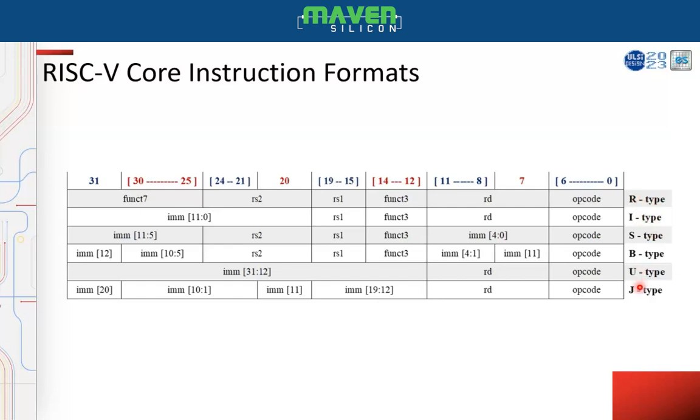If you look at R type, it contains fields like opcode, RD, funct3, funct7, RS1, RS2. But if you look at I type, instead of RS2 and funct7, it will have a 12-bit immediate value. So we have different types of instructions with a different set of fields.